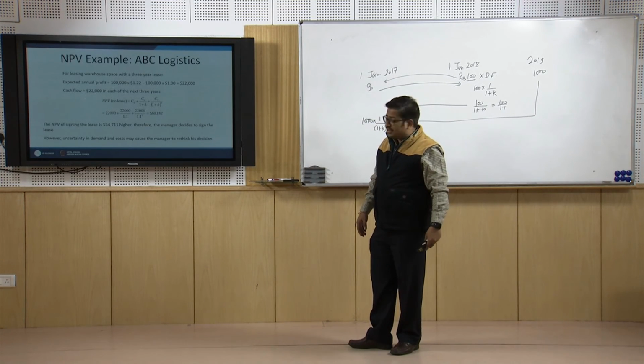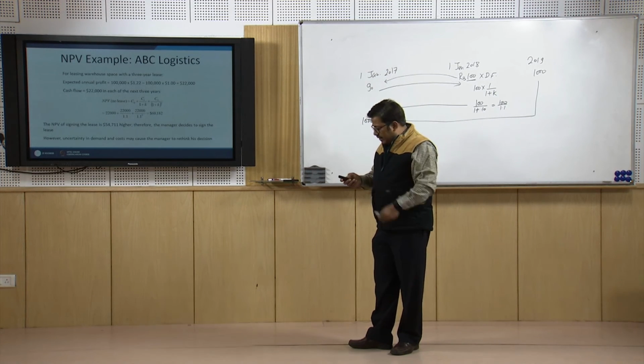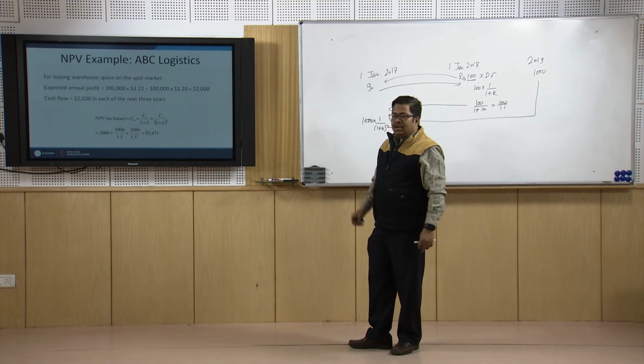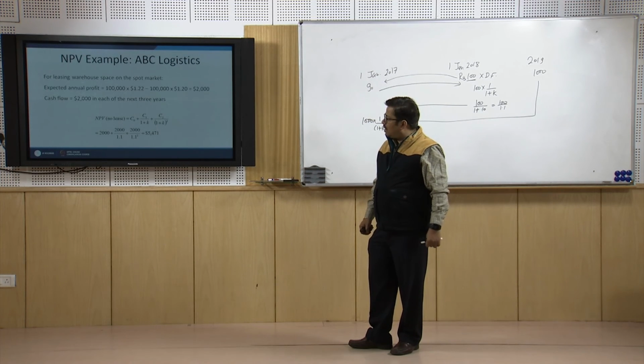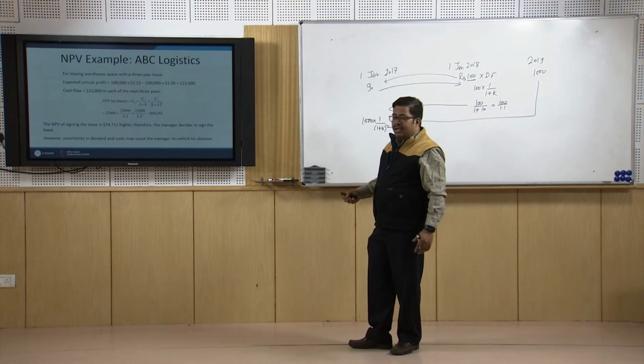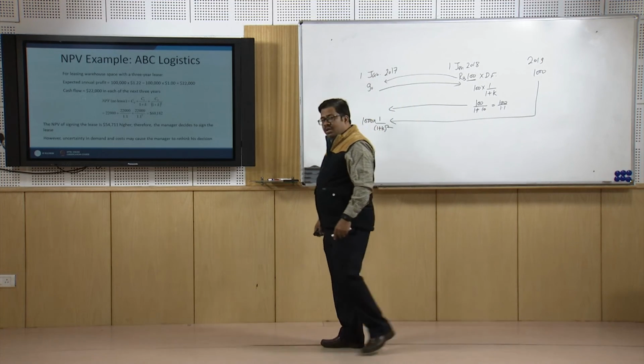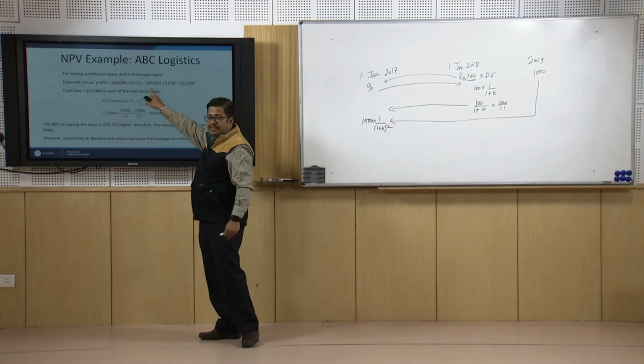Now what I was saying is that in the spot market, though it looks like our profits are very low, our net present value is just 5,400 rupees. In the case of the leased arrangement it is 60,000, but it is quite possible that you are not able to use this much space.